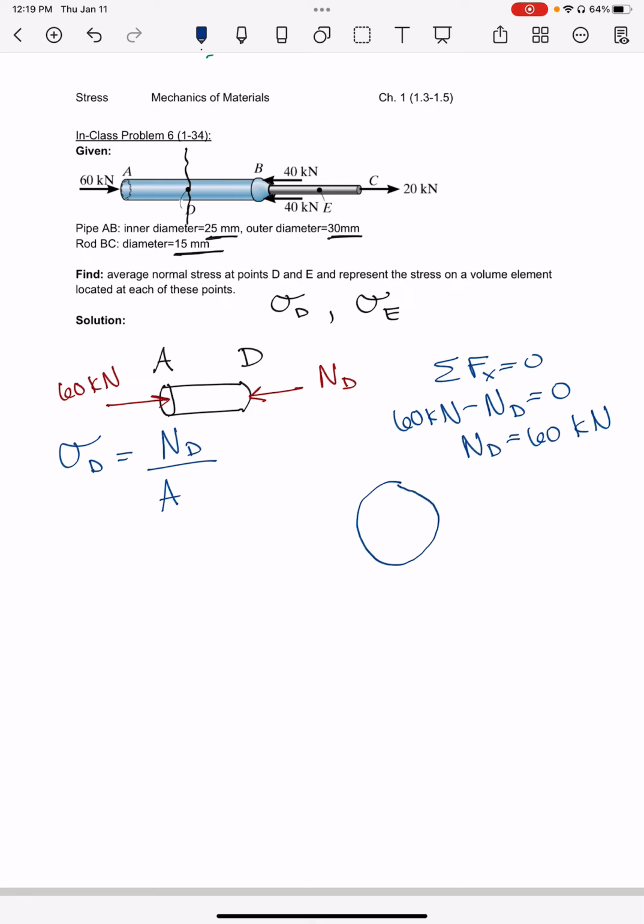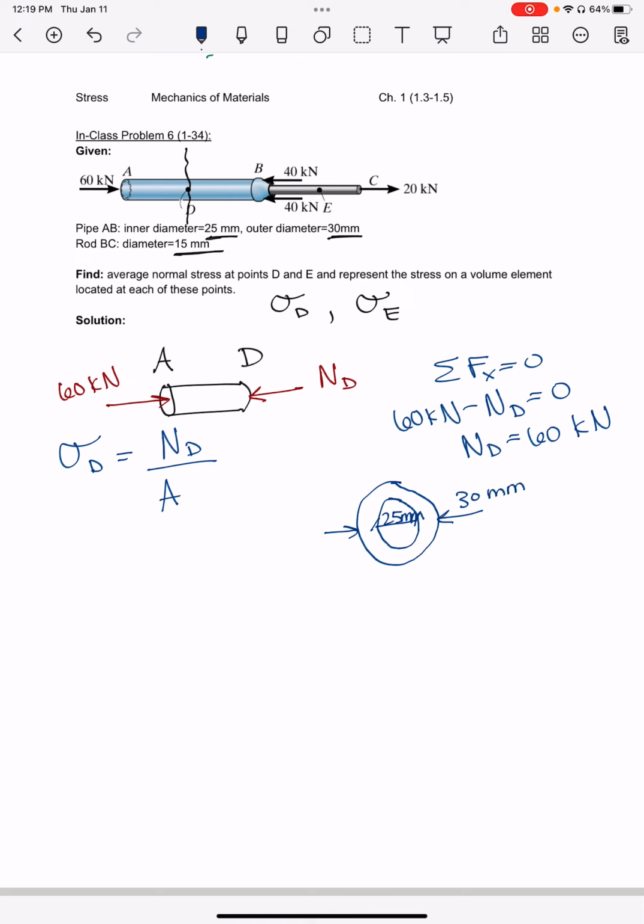So we have a circle, our two circles. We know the inner diameter is 25 millimeters. And then the outer diameter is 30 millimeters.